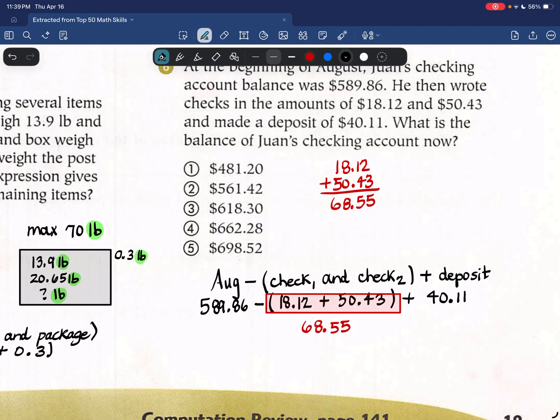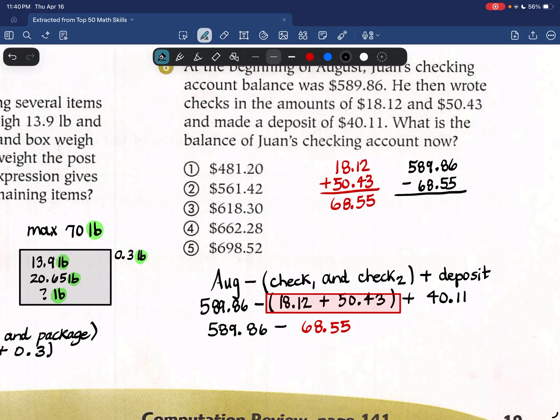And then I am going to bring down this balance and subtract that one. Be careful that you copy things correctly.